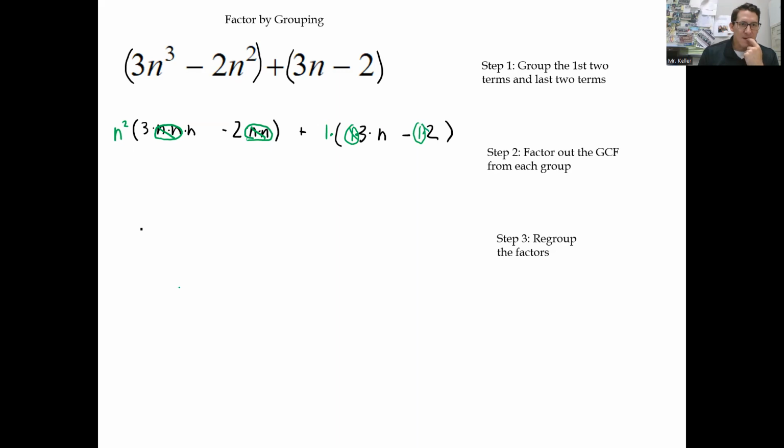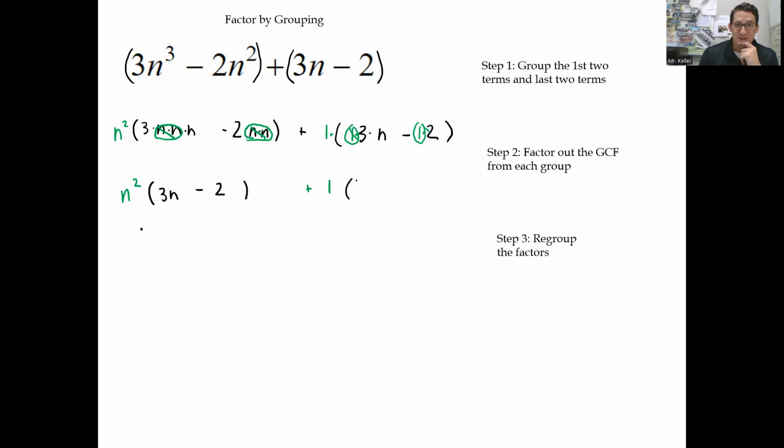All right, so I'm going to rewrite it. So it's n squared plus 1 on the outsides of those. And then left on the inside, there's going to be 3n minus 2. So there's 3n left on this term, minus 2 over here.